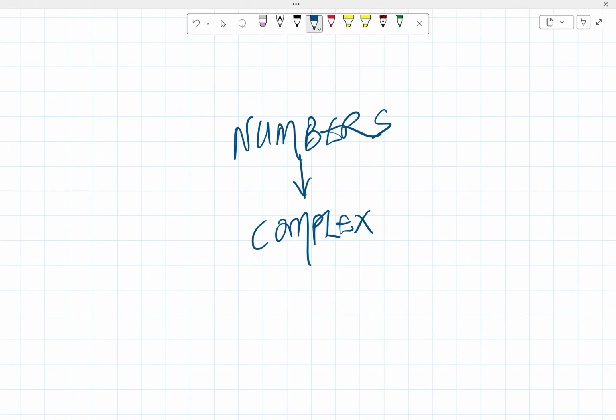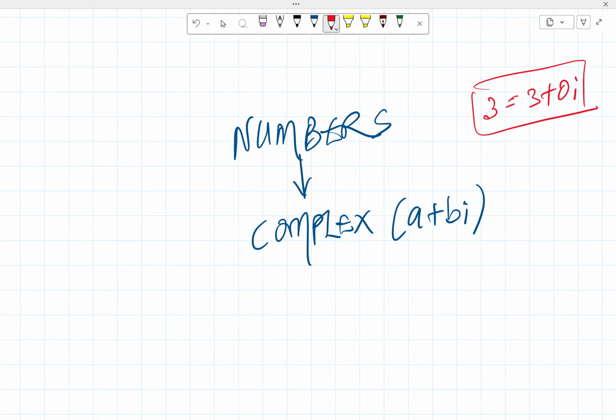That is, they can be written in the form a plus bi. Even numbers that are not complex, say something like 3, you can write as 3 plus 0i. And of course, you can have actual complex numbers like 2 plus 3i. So every number can be written as a complex number. That's the essence.